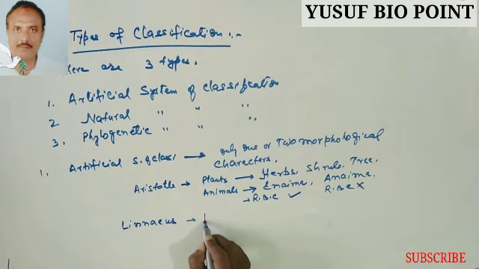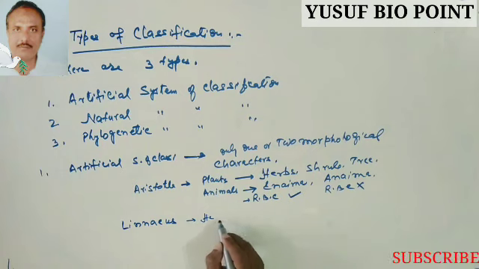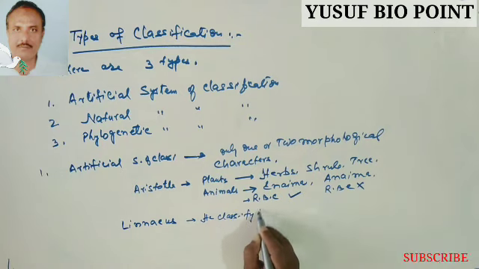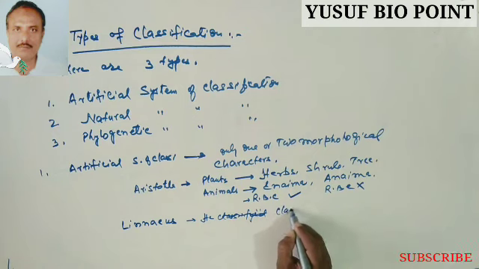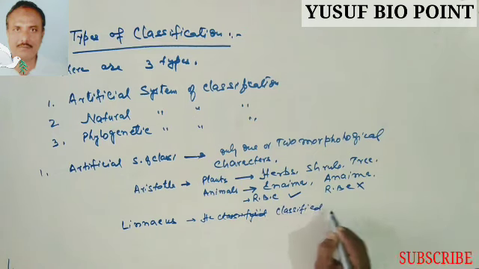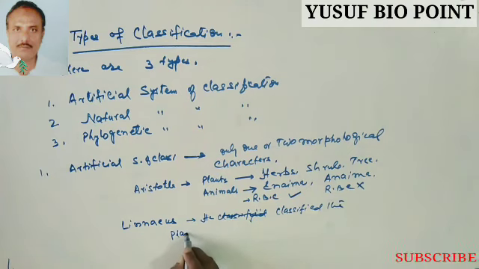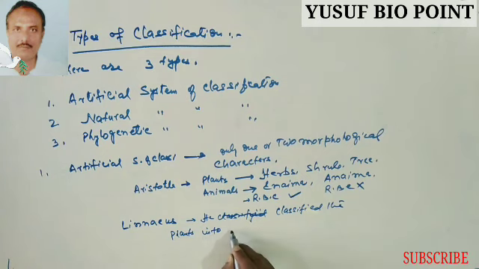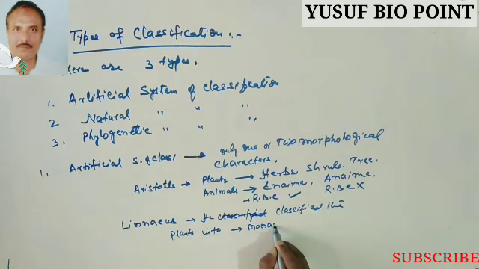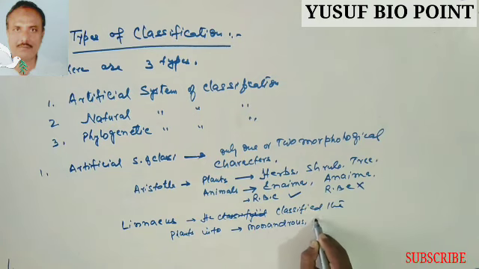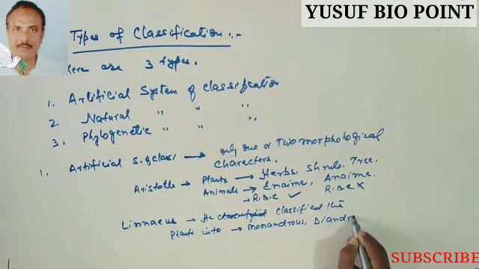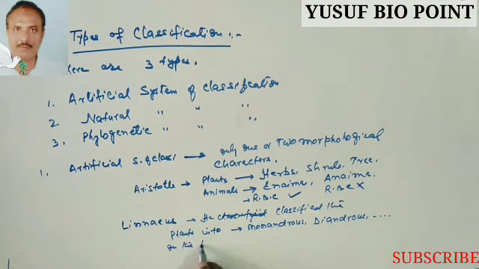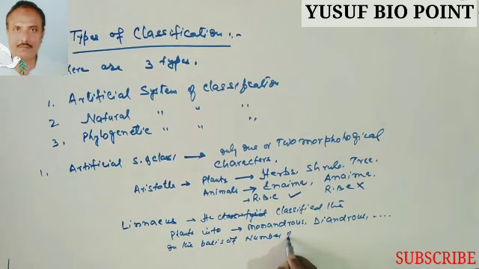He classified the plants into monoandrous, diandrous, triandrous, tetraandrous, on the basis of number of stamens.